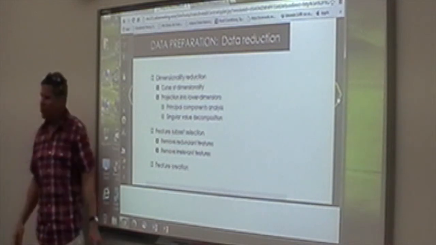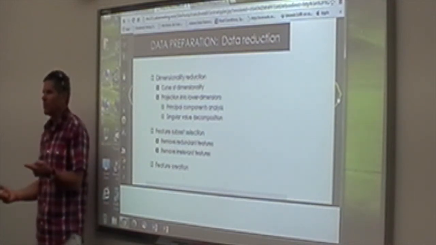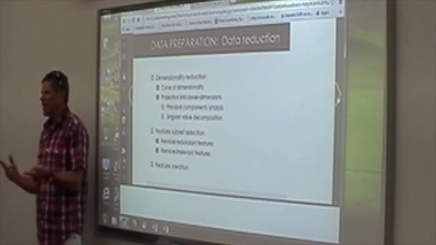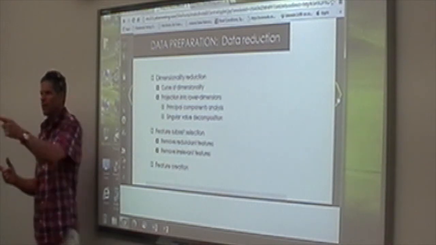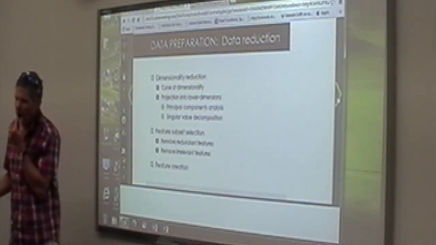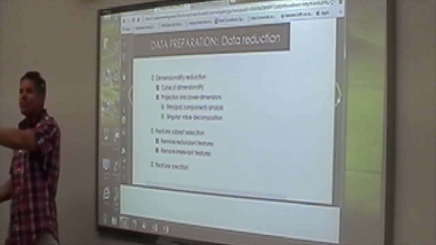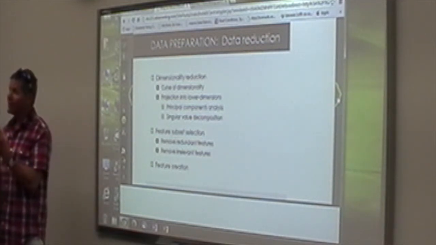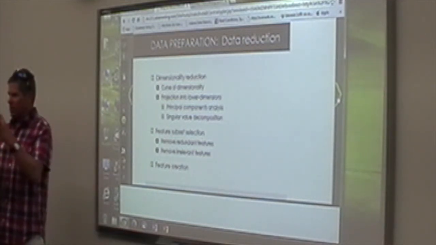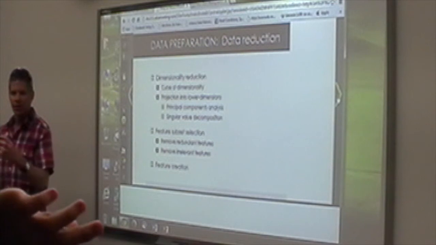This last one, feature creation, sounds like you're actually increasing the complexity. Anybody have an idea of how that could simplify it? Jeremiah? Maybe if you're summing up other attributes into one. So maybe you can combine groups of attributes and say, really this is a group that I want to include as a single feature instead of all these other separate ones.